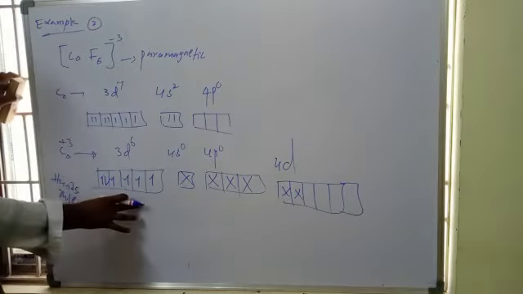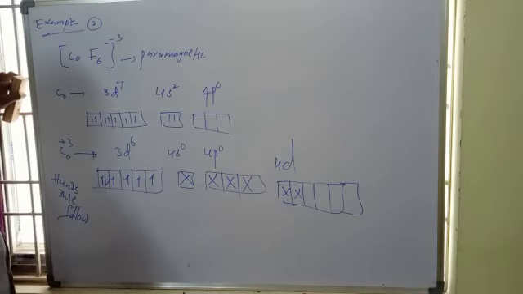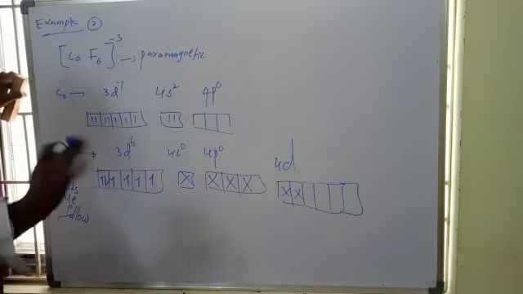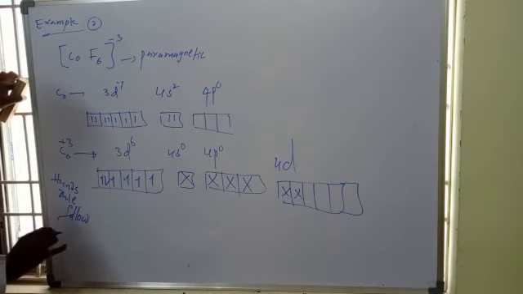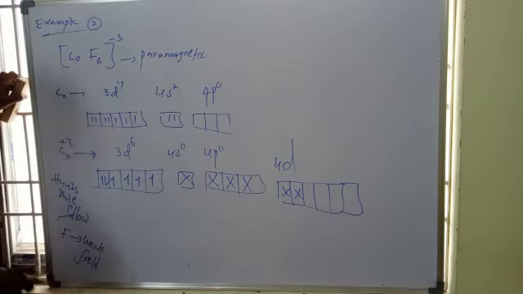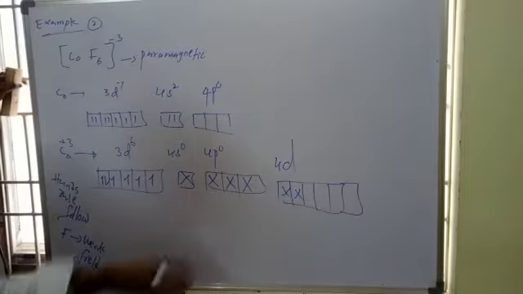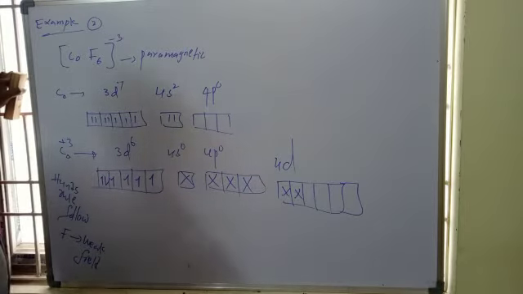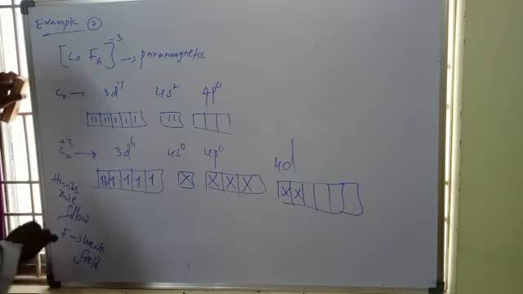In 3d there are no available empty orbitals. Fluorine is weak field, so electrons are not paired and Hund's rule follows. Field strength was not explained earlier; the next theory, crystal field theory, explains it.